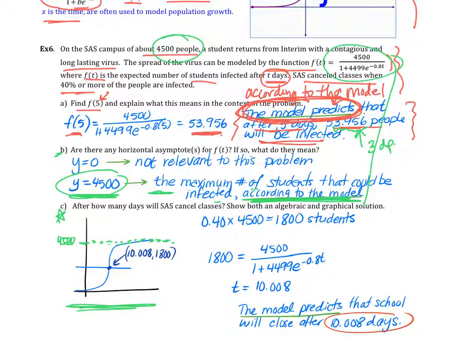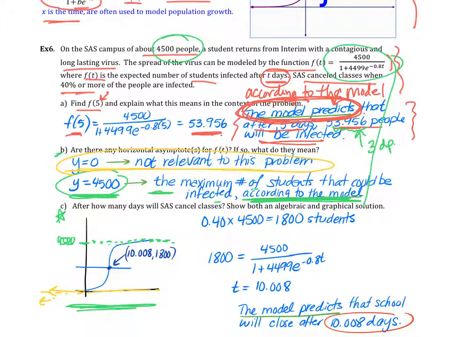Now there is also another horizontal asymptote. It's down here at y = 0. However, that only approaches it as x gets smaller, as it goes to negative infinity. And we don't have negative days. You're not going to have a -1 day or -2 day or -3 day.